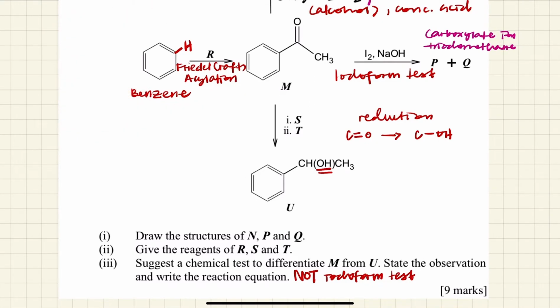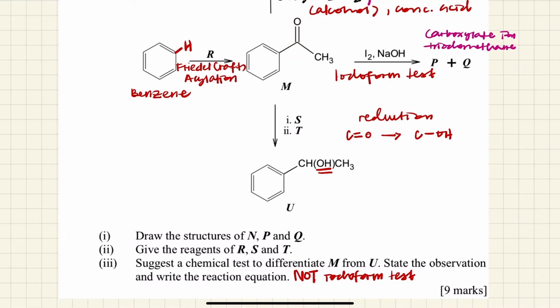This one will be Friedel-Crafts acylation. You need to know how to write the name properly if you are asked for the name of the reaction. This will be acylation because you can see that you have C double bond O here.